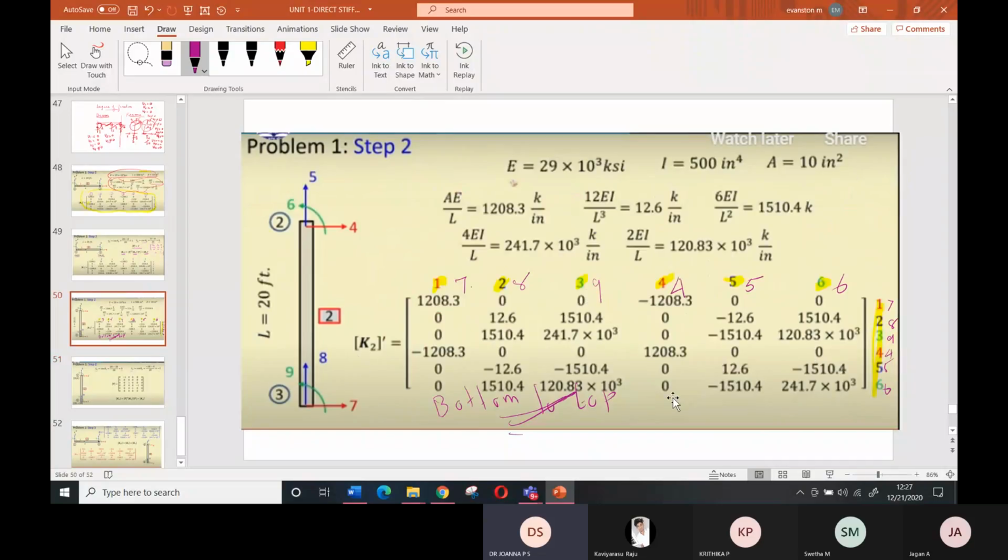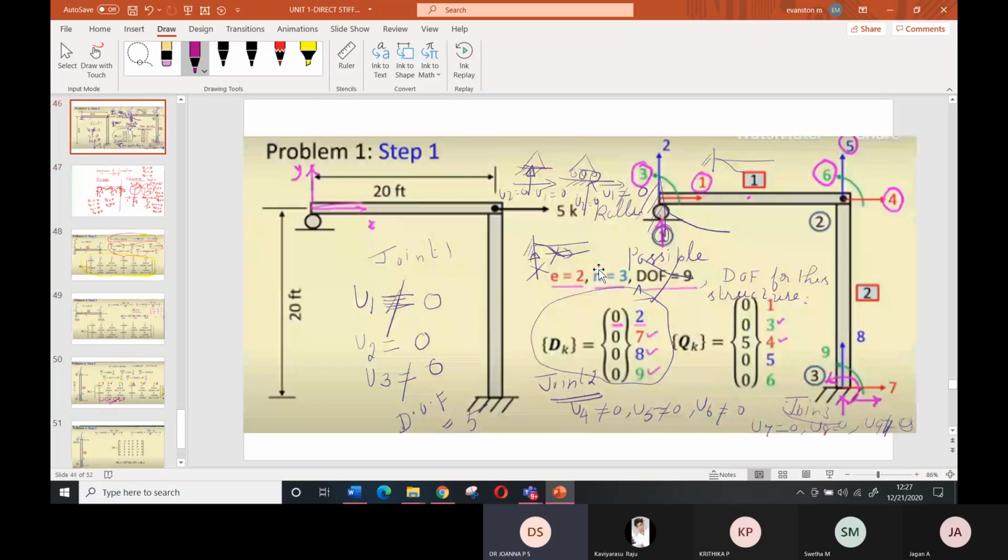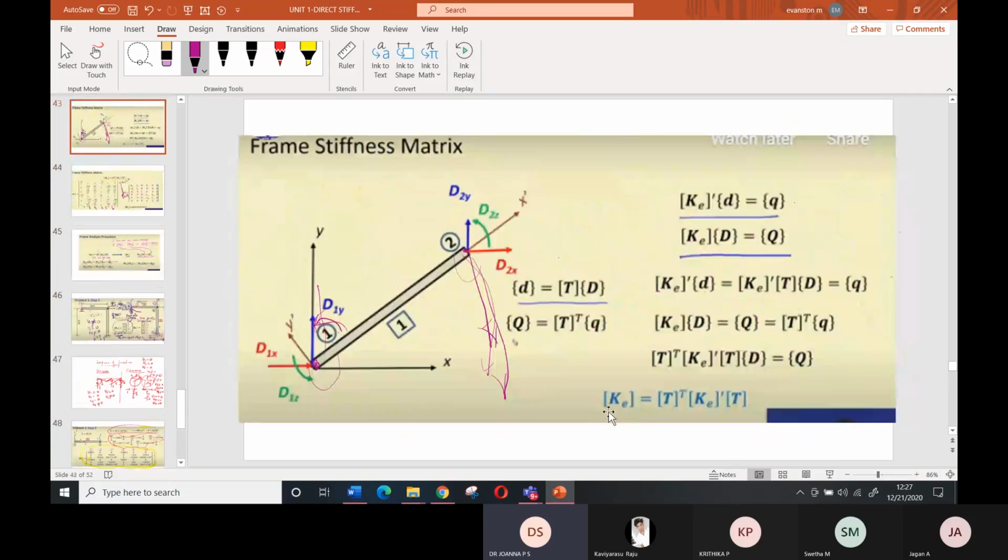So the stiffness matrix is in the local direction. How to make it in the global direction? T transpose K T. This should be pre-multiplied by T transpose and post-multiplied by T. That is what I mean, this formula. So we can formulate the global stiffness matrix for the vertical member.